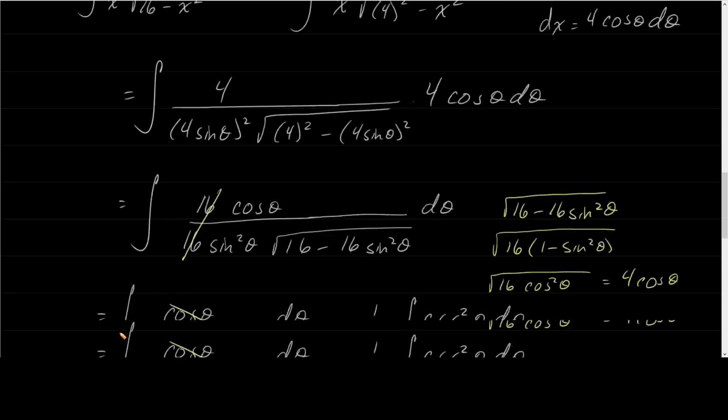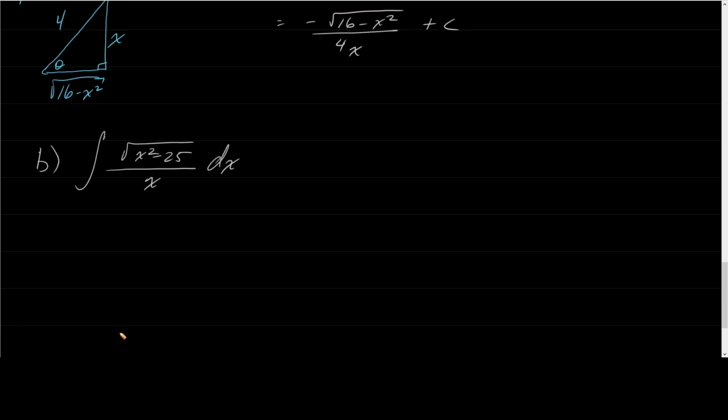So over here, I'm going to start by saying, let x be equal to a, which in this case is 5, because that 25 is 5 squared. So I have 5 secant theta. So x is 5 secant theta. That tells me that dx would be 5 secant theta tan theta d theta.